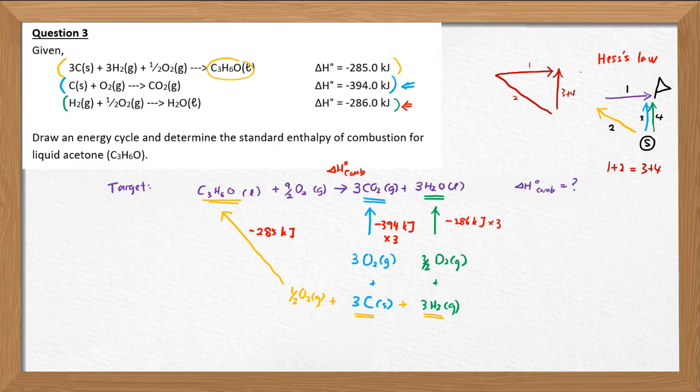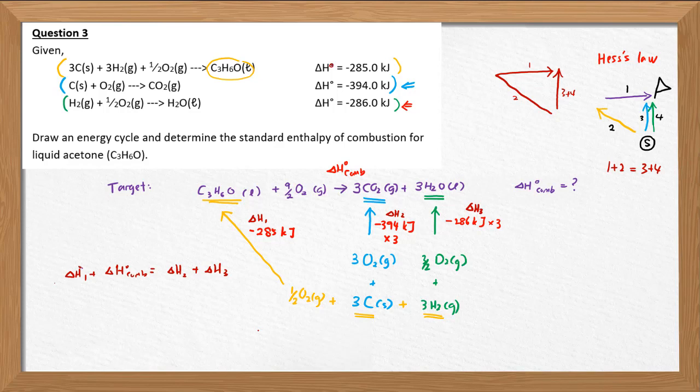Now we want to make our equation based on the diagram that we formed. So I label this enthalpy 1, enthalpy 2, enthalpy 3 to make my equation. So enthalpy 1 plus enthalpy of combustion equals the second enthalpy plus the third enthalpy.